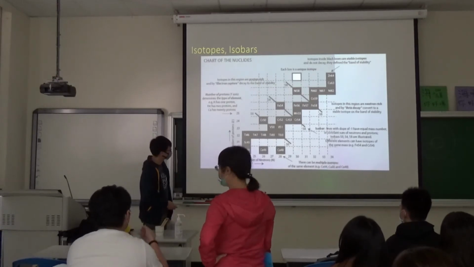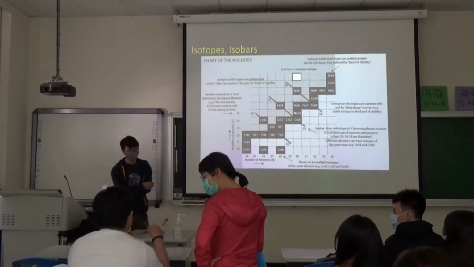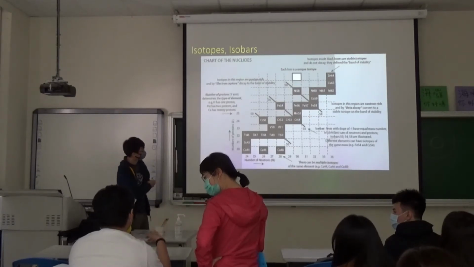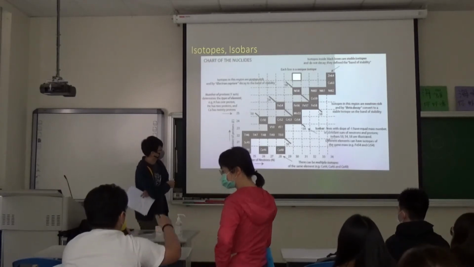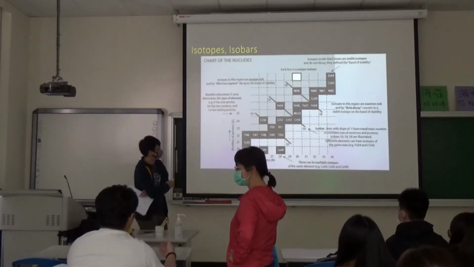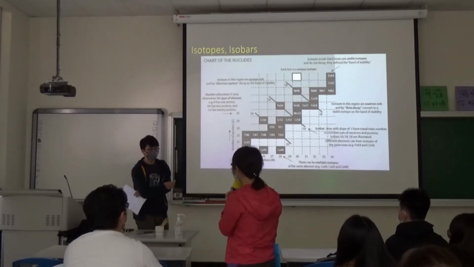So we know that, and why do we have to know the isobar? I mean, is there any reaction or something about isobar, or is it just a line where each isotope has the same mass number? This is my first question. Okay, in short, what's the importance of isobar?